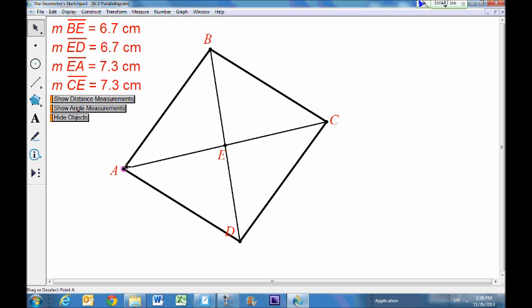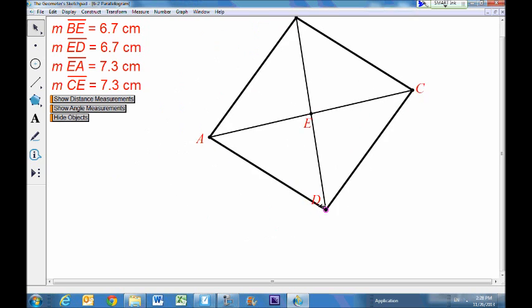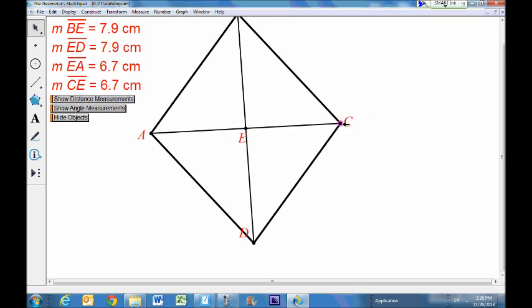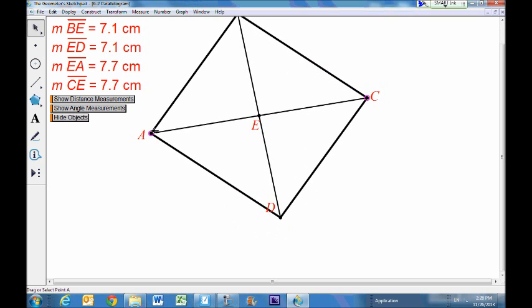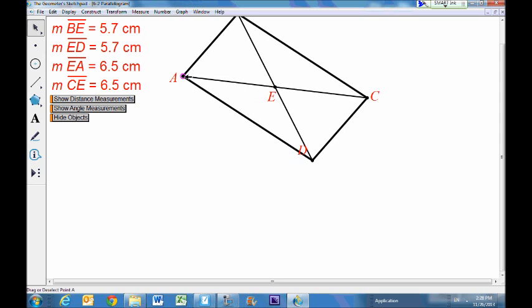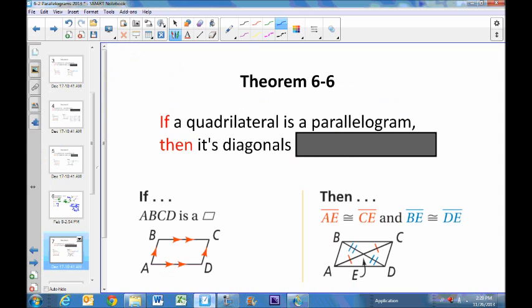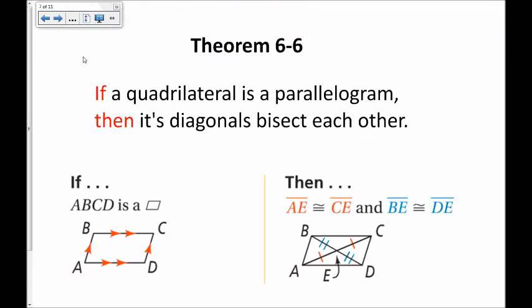And you may notice that these are always the same, and these are always the same. Or in other words, the diagonals cut each other in half, or they bisect each other. Okay, and that's the last property that you need to know, that in a parallelogram, the diagonals will bisect each other. They'll cut each other in half.